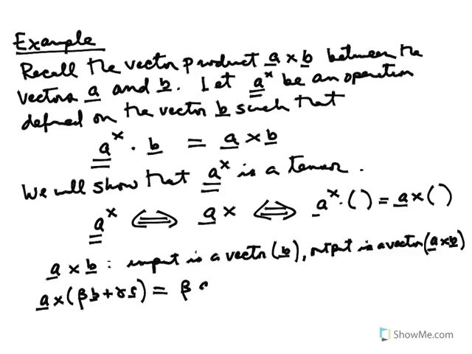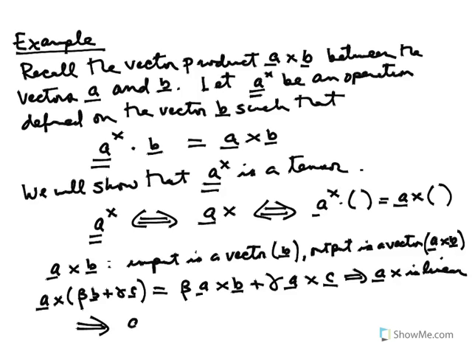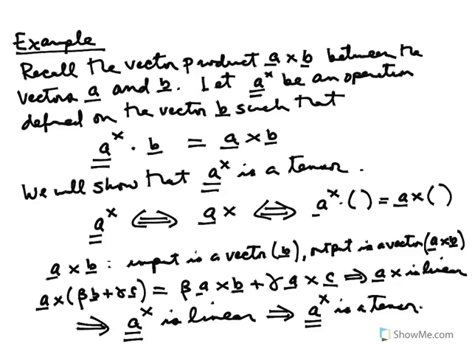We get beta times A cross B plus gamma times A cross C, which implies that A cross is linear. So that implies that this quantity, which I defined as A cross, is also linear because it's the same thing as taking the cross product of A with some vector. So that implies that this operation A cross is a tensor.